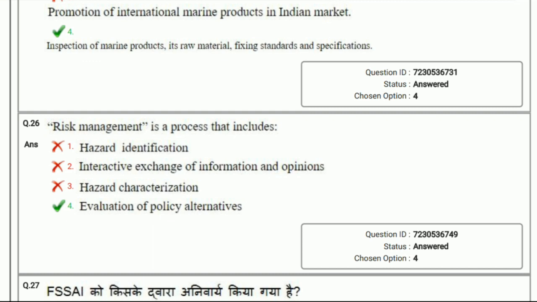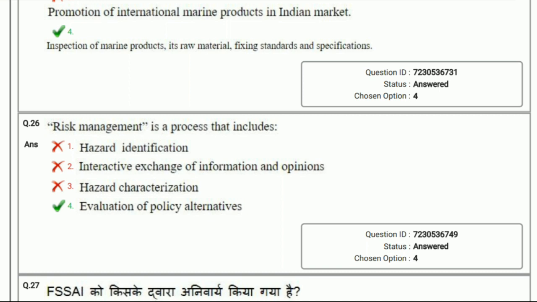The next question is: risk management is a process that includes, so we have three different stages, that is risk assessment, risk communication, and risk management. So in assessment we identify the hazard. In risk communication we share the information about the risk, what level of hazard it can cause, and various different type of information.